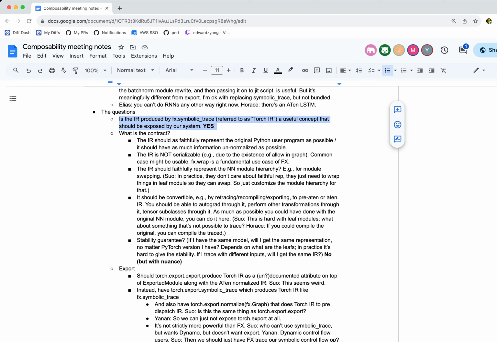Yeah, I can provide some context from quantization. The point I see from this is that it has better coverage than Symbolic Trace.